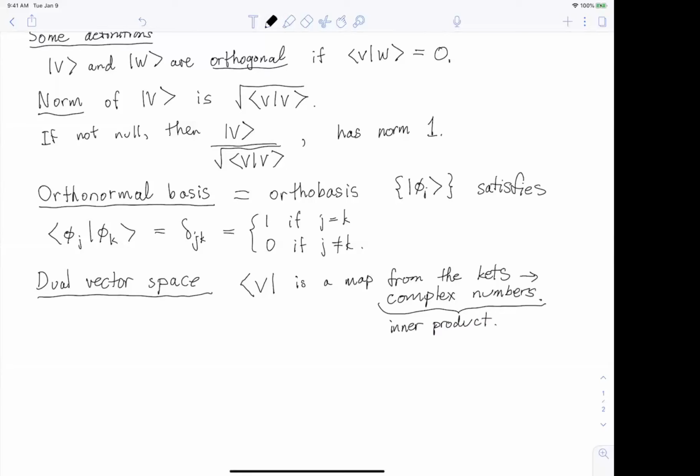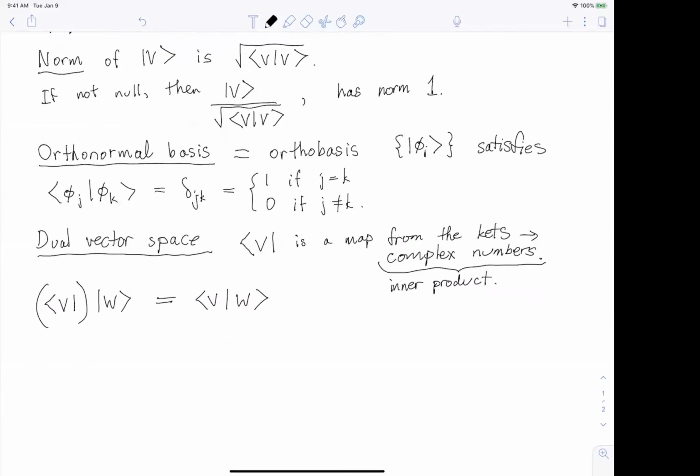Okay, so if I have a member of the dual vector space that I call V, and I act with it on a member of the ordinary vector space that I'm going to call W, that just means that in the end, I get the inner product V with W. That's what those words mean.